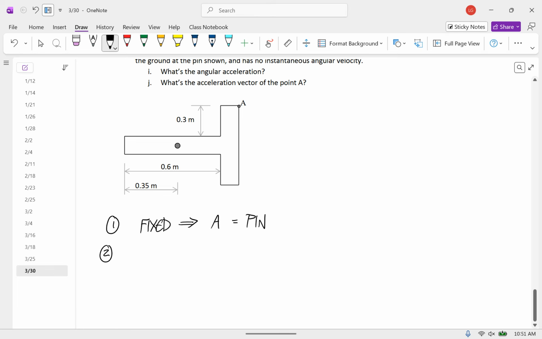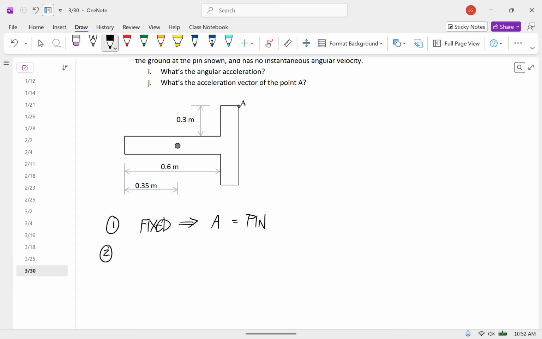And so now we're going to calculate the mass moment of inertia. This is going to be a surprisingly tedious step. We're going to break this up into two rectangles, figure out the mass moment of inertia of each rectangle about its own center of mass, and then use the parallel axis theorem to figure out the mass moment of inertia of each rectangle about that pin.